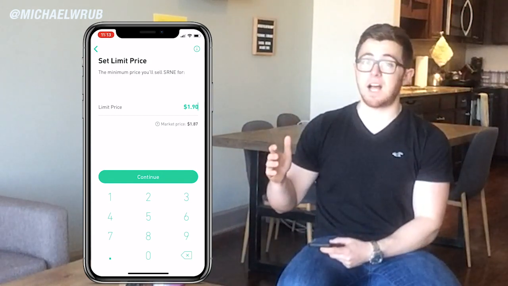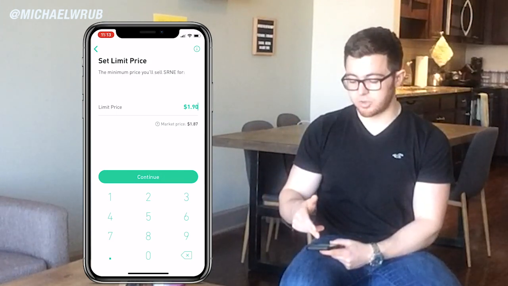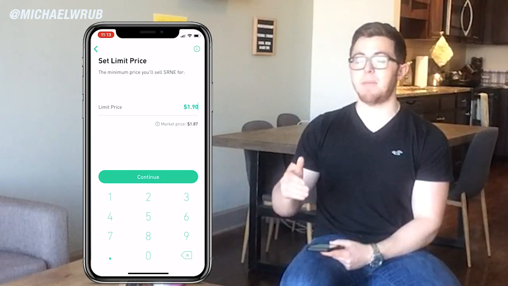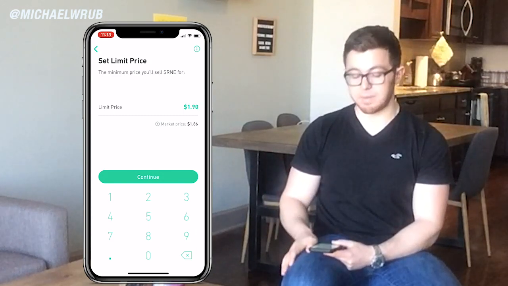If you really need to sell the stock and you need money, you don't necessarily want to do this, because it might never sell if the price never goes above your limit price. Same with buying. If you want to buy into the stock and you don't really care if it's a couple cents more or less, you shouldn't place a limit order.